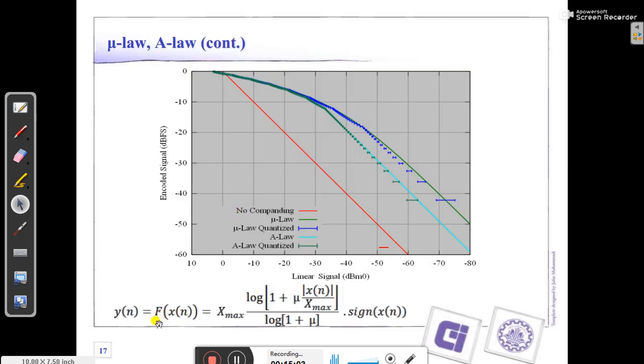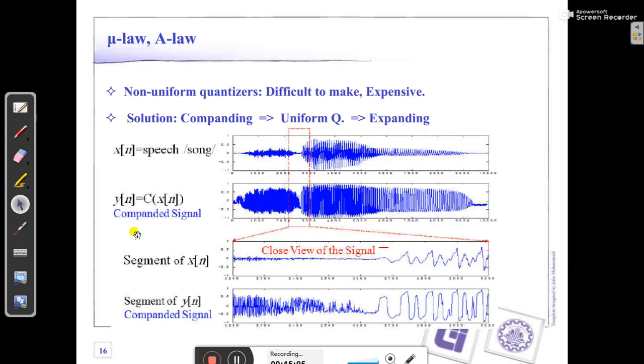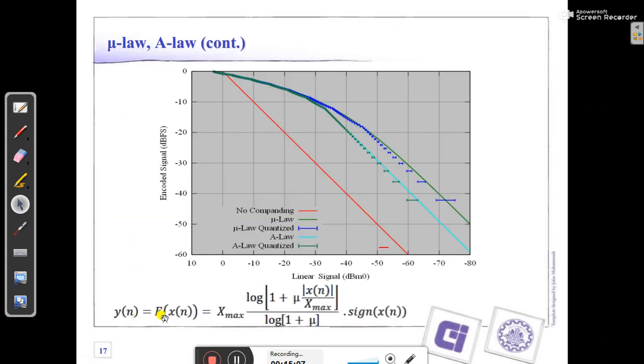So y(n), the companding function, is some function of x(n), where x max is the maximum value. Here you can see the red line is non-companding. Using mu-law or A-law, we can do different types of companding. This is mu-law quantized and that is A-law quantized.